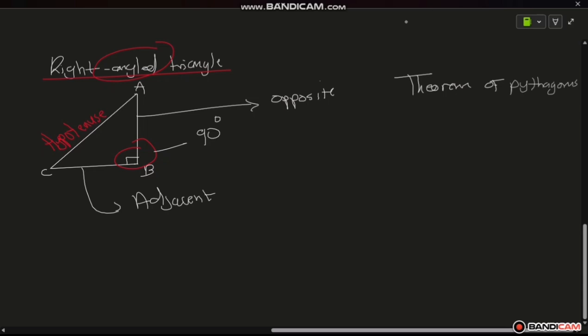I hope that makes sense. This is the theorem: r squared equals x squared plus y squared. This is the theorem of Pythagoras, where opposite, in terms of alphabet, is y, adjacent is x, and the hypotenuse, the longest side, is r. I hope you understand that.